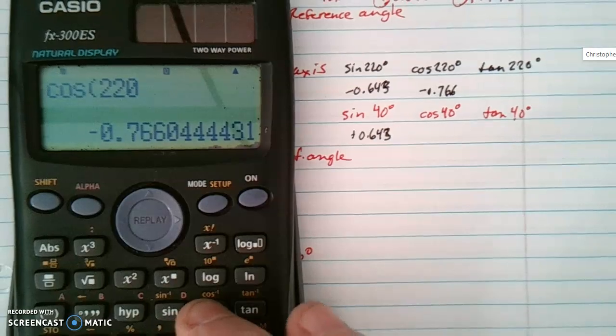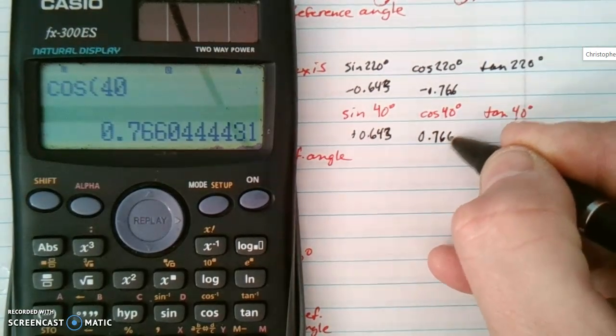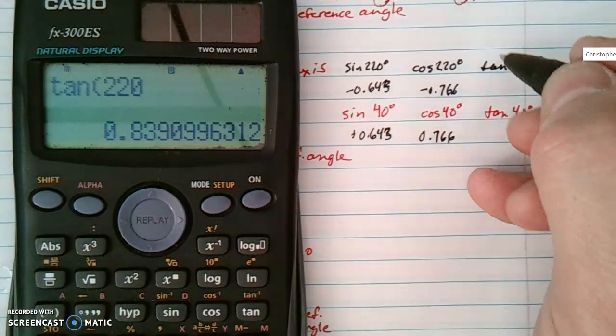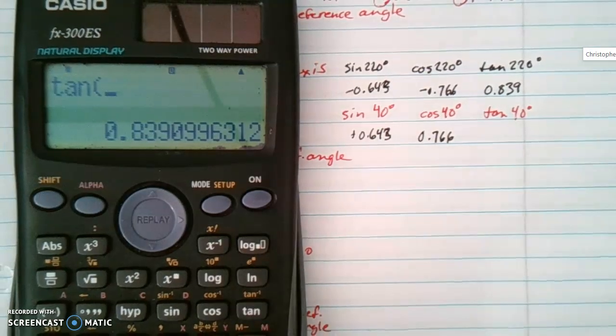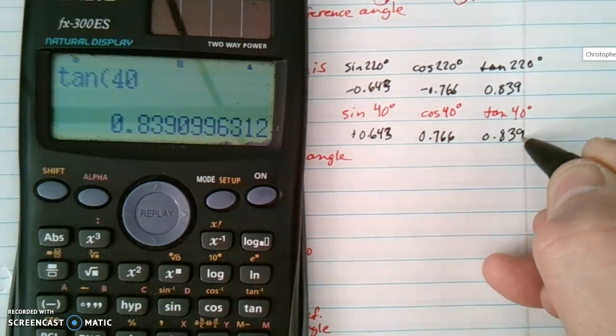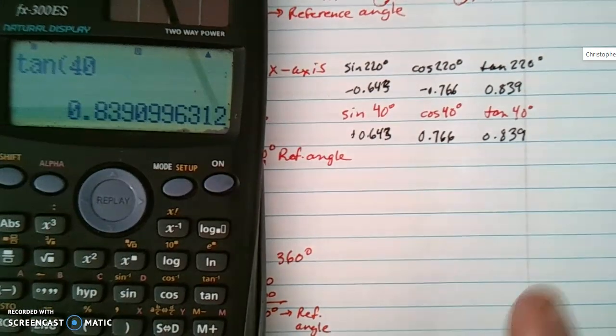And if I do cosine of 40, guess what I'm going to get? Positive 0.766. How about tangent of 220? What do we get? I get 0.839. And tangent of 40, I get 0.839. Same ratio.